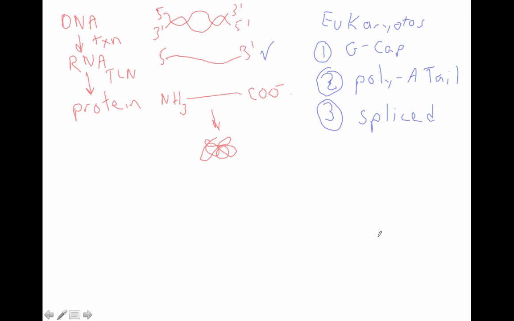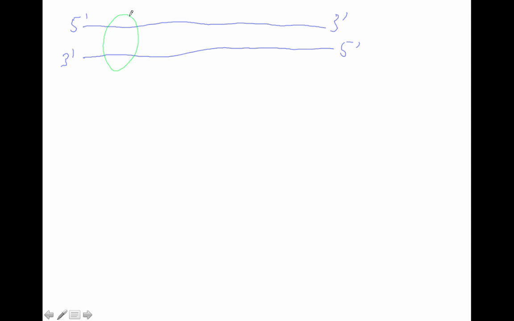Okay, let's go to a fresh page here. Let's go ahead and draw our DNA, just to give us a reference point. Again, we always want to put our identifiers on it so we know which direction we're going. We know the RNA polymerase enzyme is going to bind at the promoter and move in this direction.